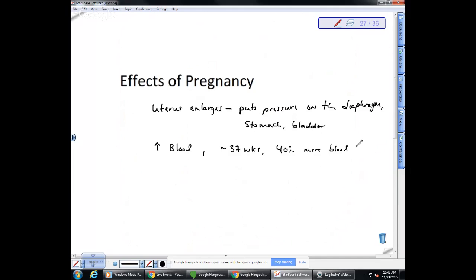Okay. So what that means is that we also have an increase in kidney function, right? Because the kidney has to filter all this blood. So the kidney, increase in kidney function as it filters the blood.